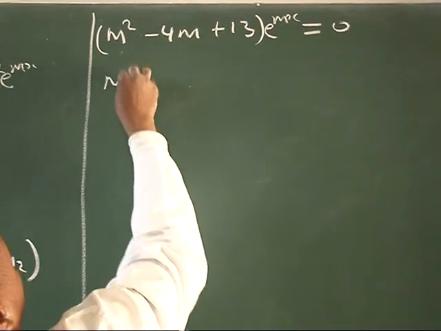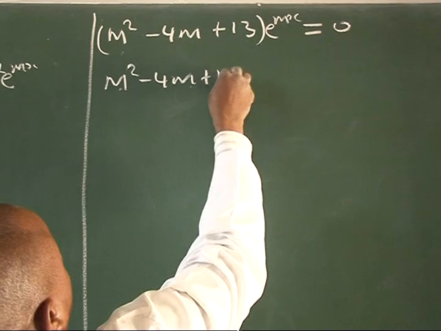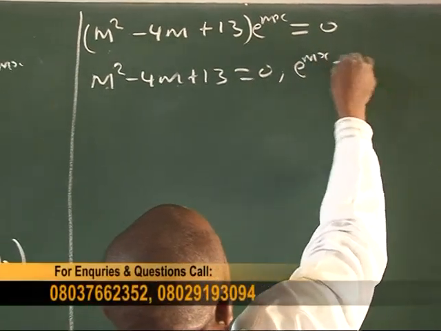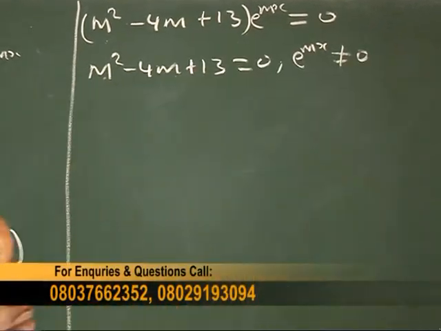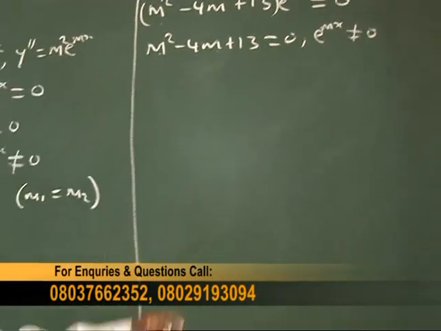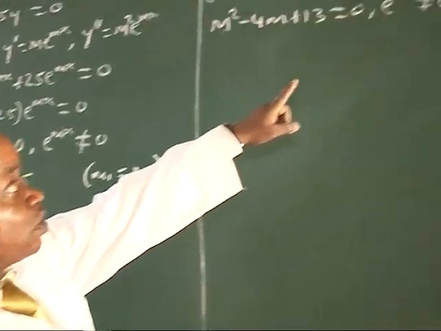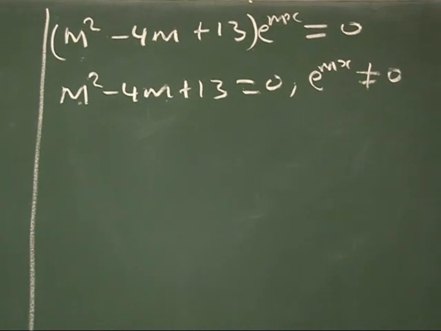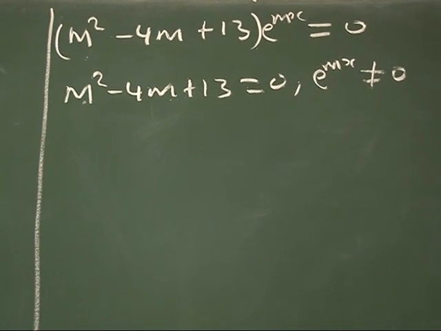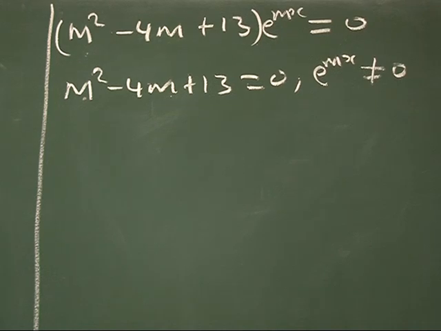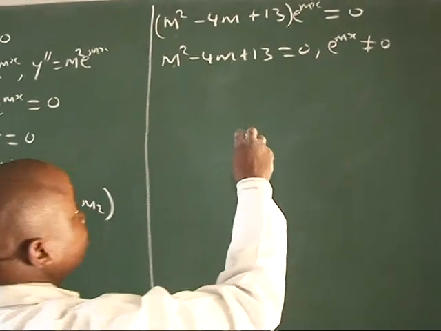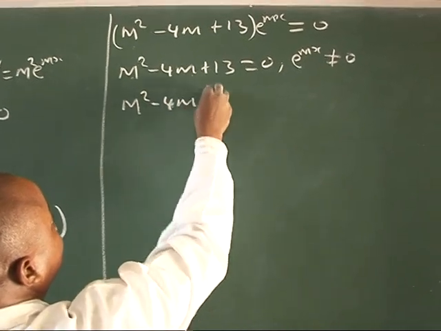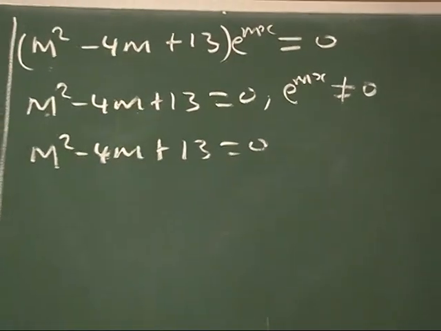Meaning that m squared minus 4m plus 13 is equal to 0, but exponential mx is not equal to 0. We assume that exponential mx is not equal to 0 because that is what we have for the linearly dependent and independent solution. So it cannot be equal to 0. Now here, m squared minus 4m plus 13 is equal to 0.